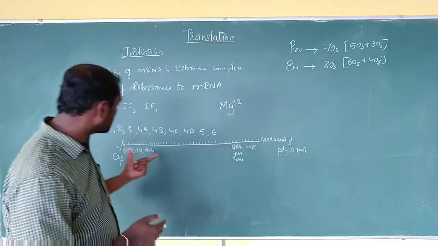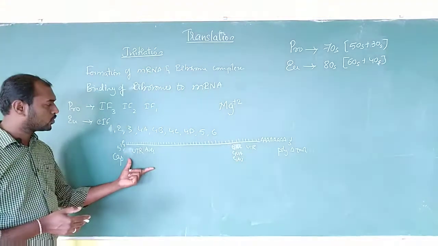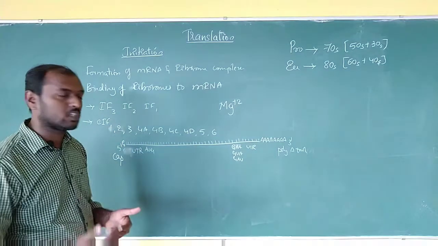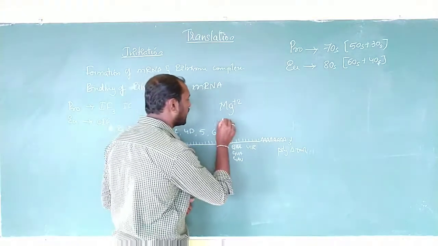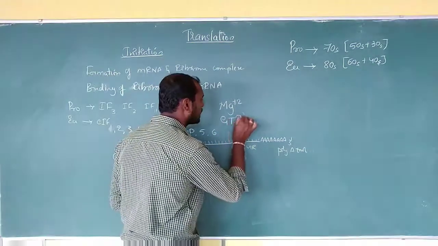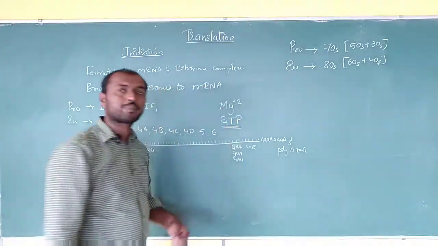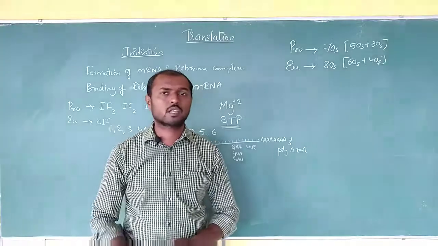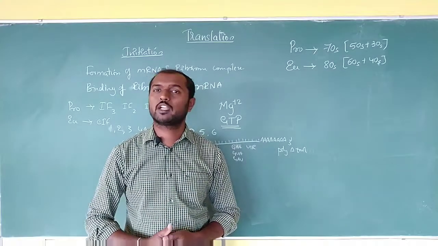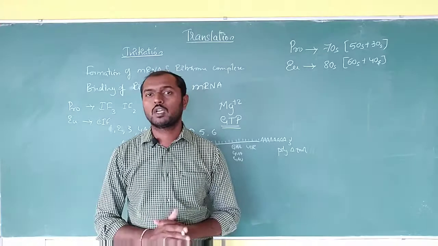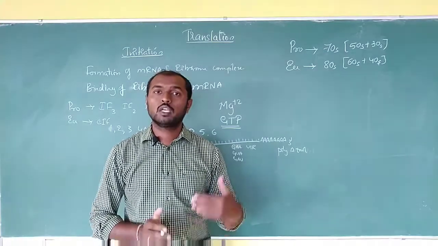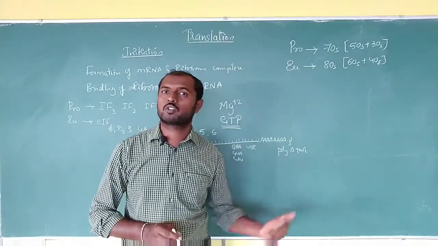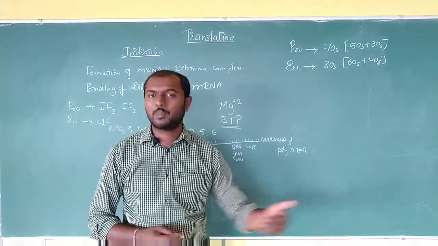So to bind this ribosome to the mRNA we need energy again. That energy is actually not ATP here, instead it is GTP. We need to use GTP energy, or cells use GTP as the energy source involved in the process of translation. Why we need this energy, we are going to study in upcoming videos.